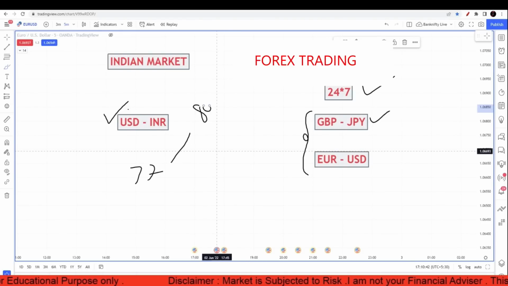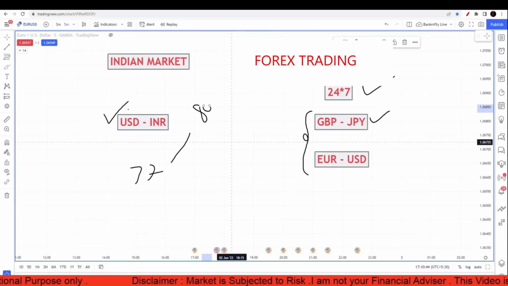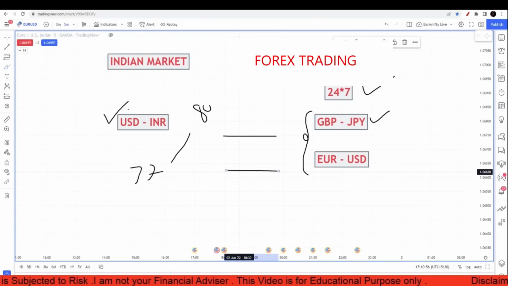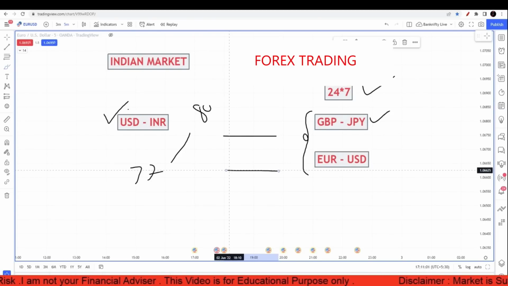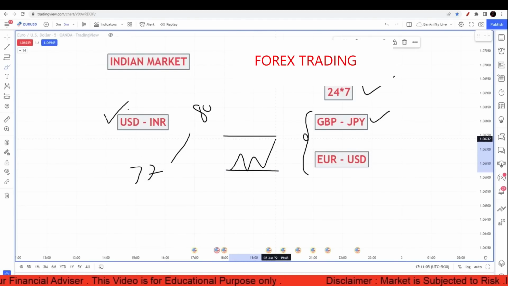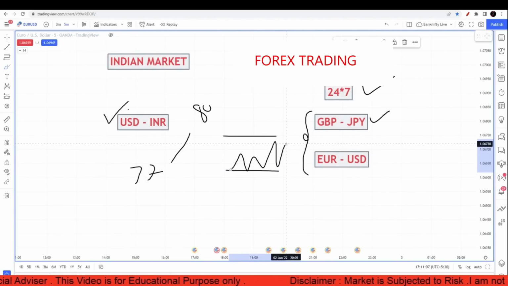In forex trading there is always a range bound. If an event comes, like a Fed meeting, only then will the big up and down come. Otherwise it's traded in high quantity and isn't so volatile; it just goes up, comes down, and makes some range.